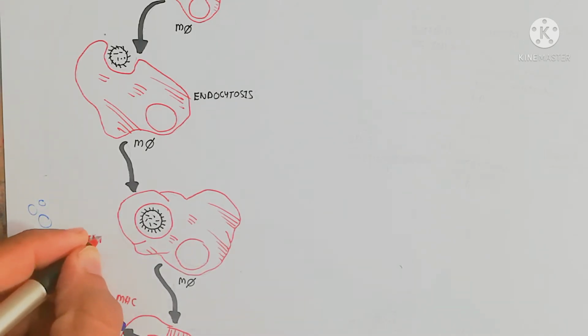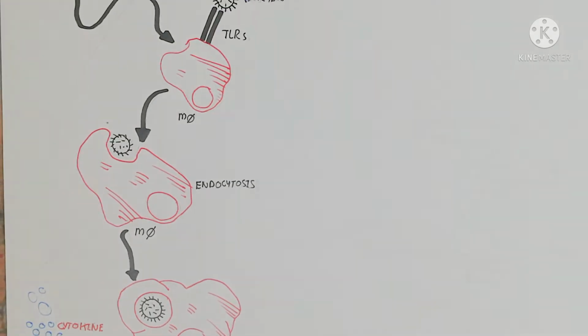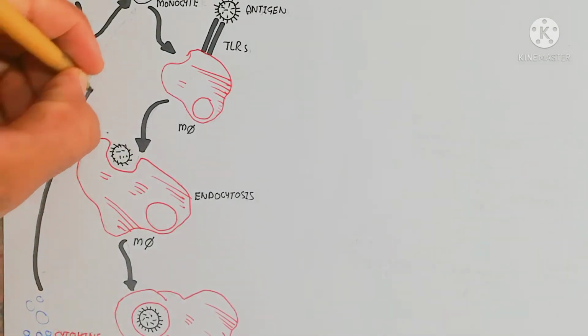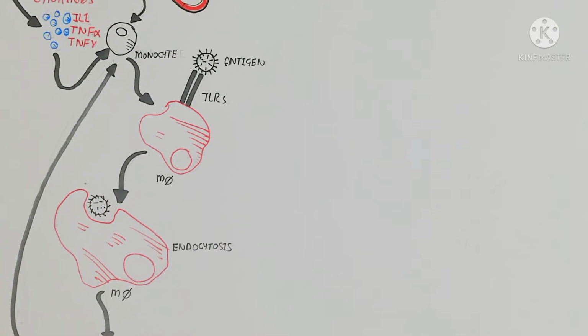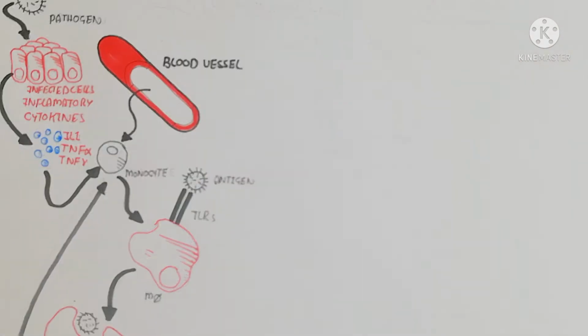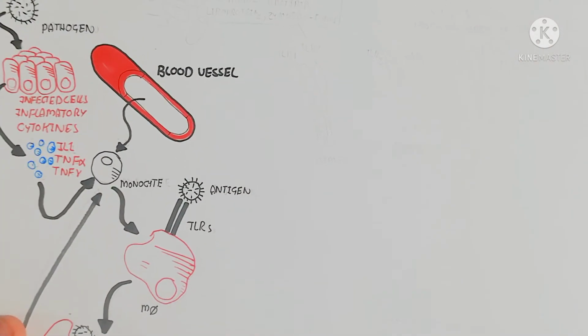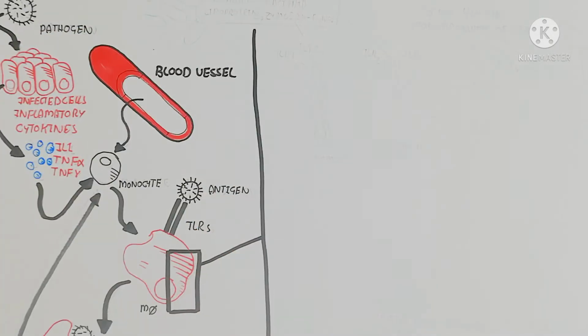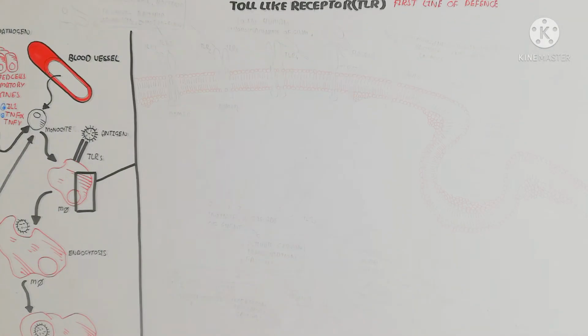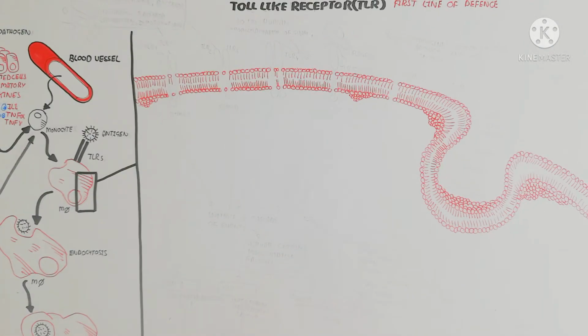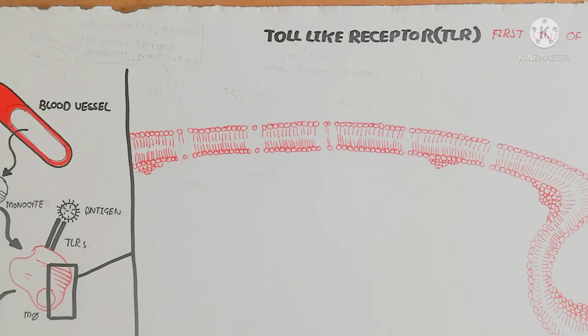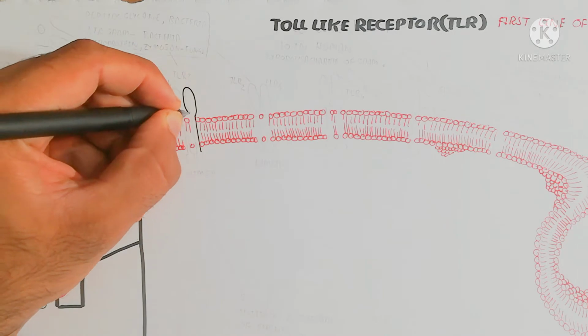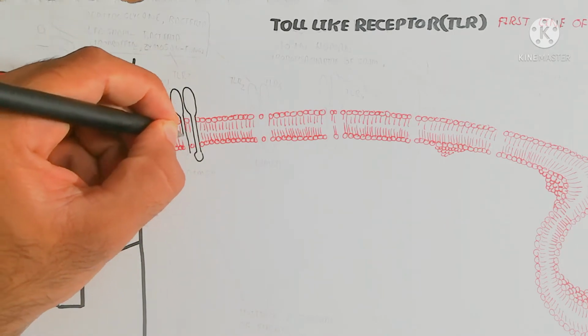The monocytes proliferate more to produce macrophages, and after this macrophage production, the endocytosis of the pathogen increases. So this is the first line of defense, but it is also related to adaptive immunity due to the production and stimulation of B cells to produce antibodies.